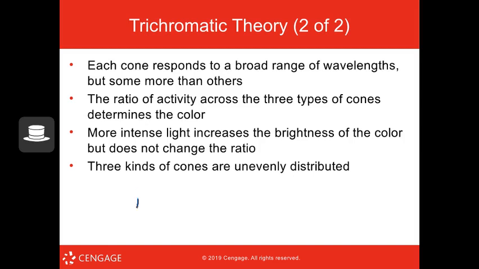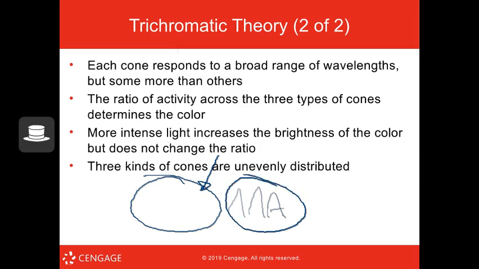So if you have three cones, and these are all super receptive to, let's just say, red light, and you have this coming towards it, well, because those are more responsive to red light, and then you have these other ones over here that are responsive to yellow, then these acting up more, or sending signals more so than these, is going to tell you, oh, we're looking at red.